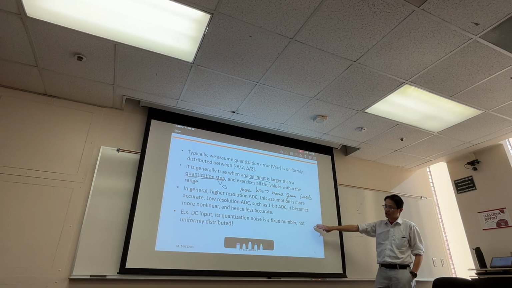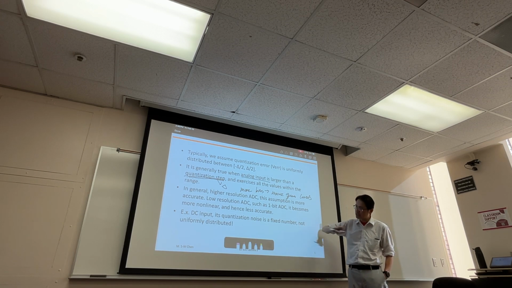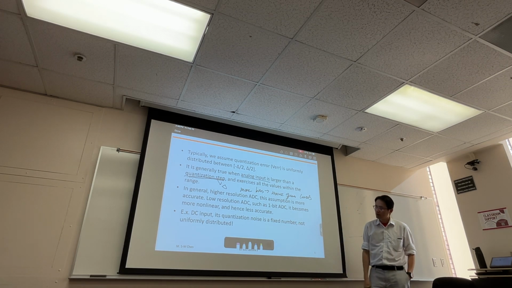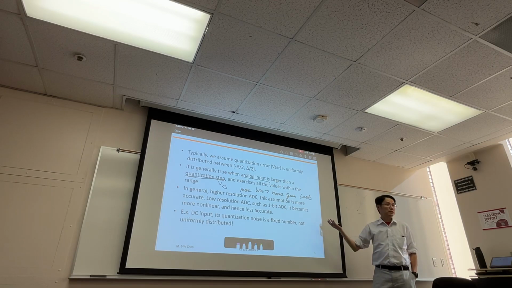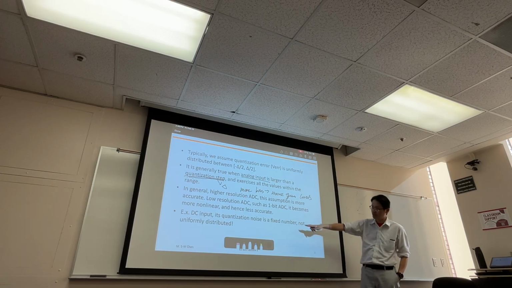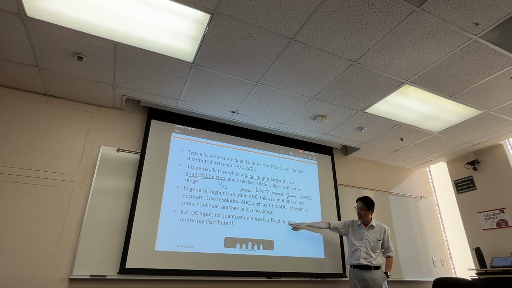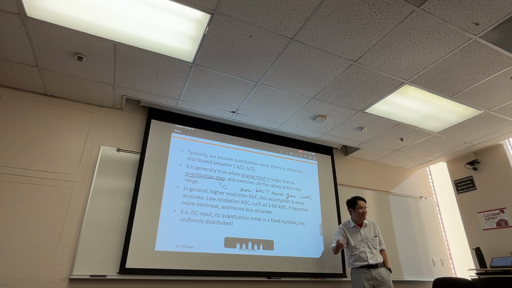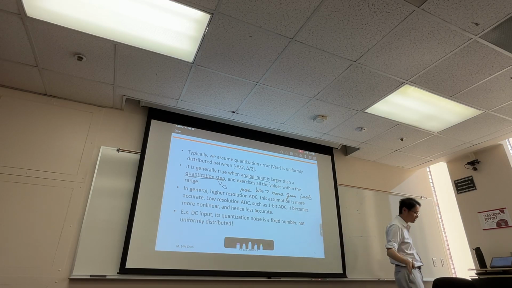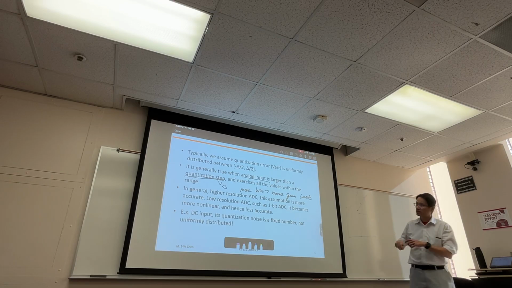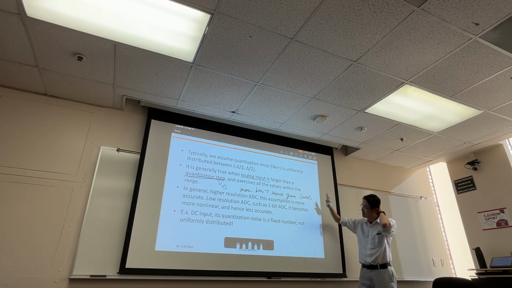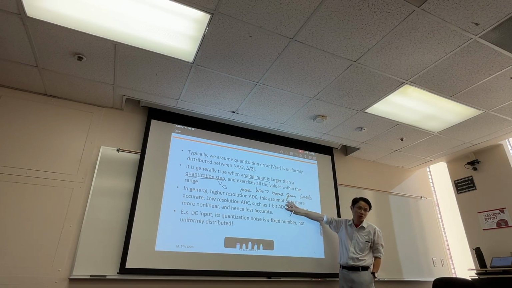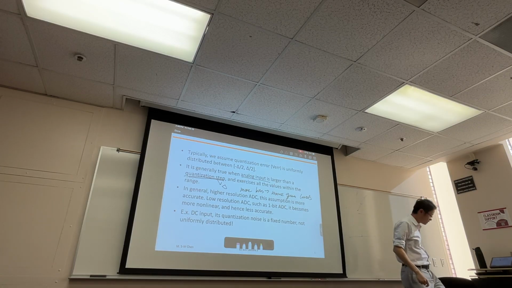Here's one extreme example. If your input is a DC signal, your quantization noise is a fixed number. Forget about the uniform distribution or whatever distribution; there's no distribution at all. If you input a DC signal, your quantization noise is just a constant number. That tells you how important the assumption is, for the following analysis to hold.